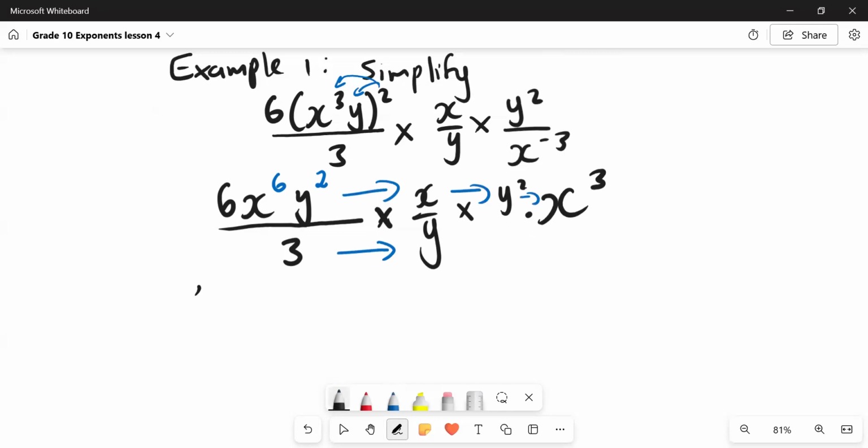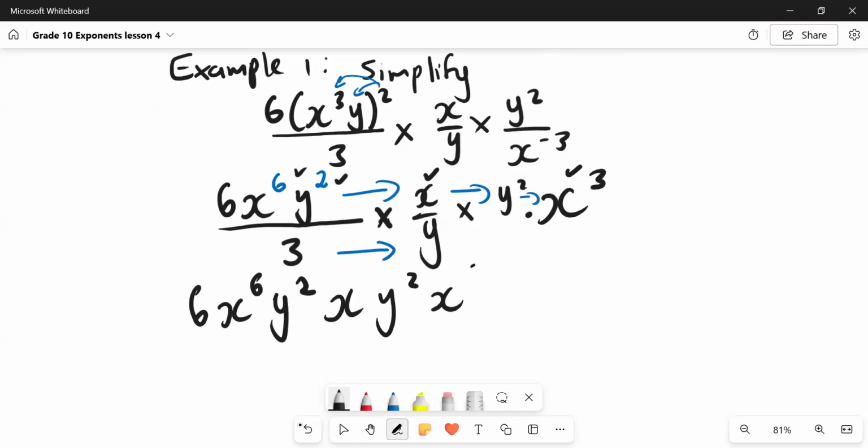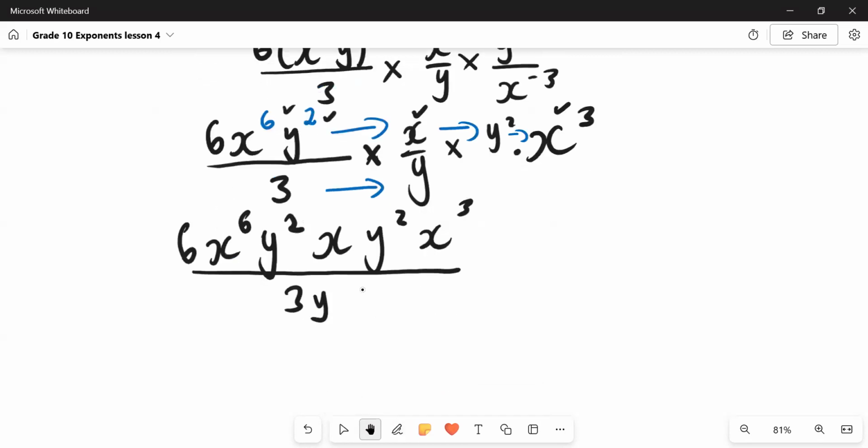Now we'll have 6 x to the power of 6 y squared, then your x, then y squared, and then x cubed, all divided by 3 times y to the power of 1.